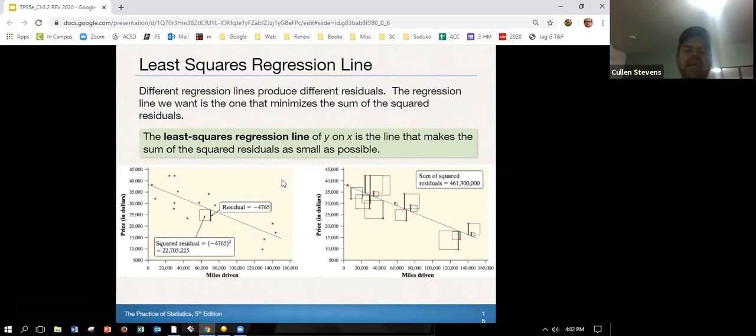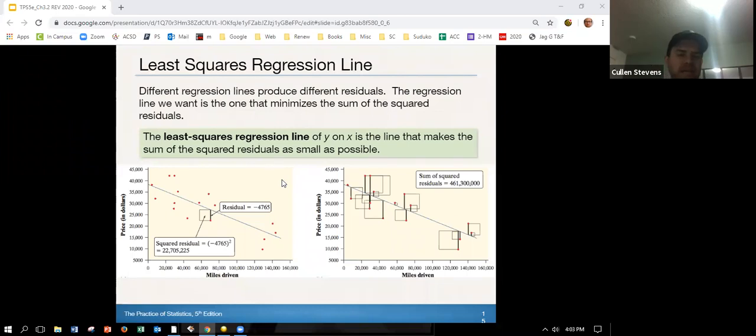This is a lot like standard deviation, where we have the mean, and then we have points below the mean and points above the mean. If we were to take those distances and add them together, the distances below the mean and above the mean would cancel out. We can't have those cancel out.